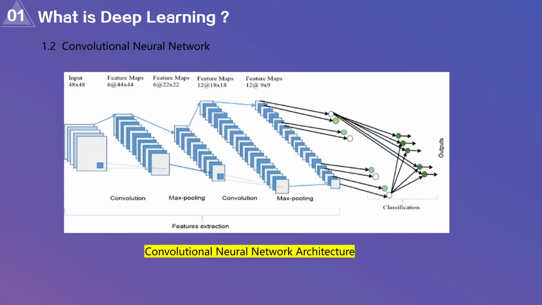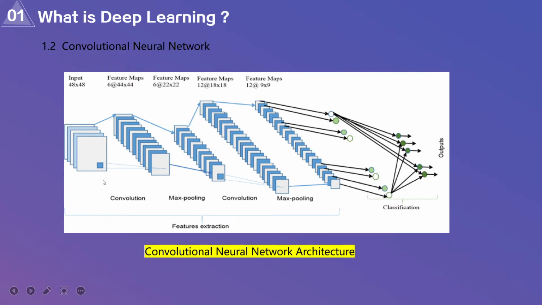As you can see in the picture is the convolutional neural network architecture. A simple CNN architecture is composed of the convolutional layer, the max pooling layer, and the fully connected layer.